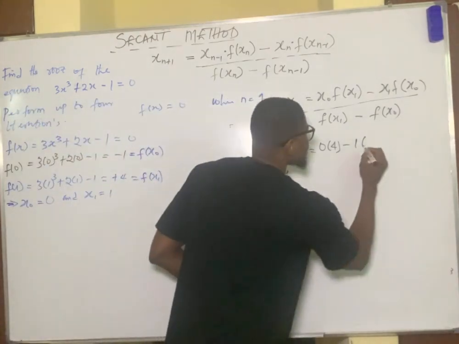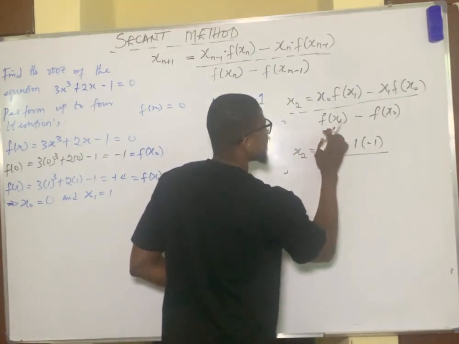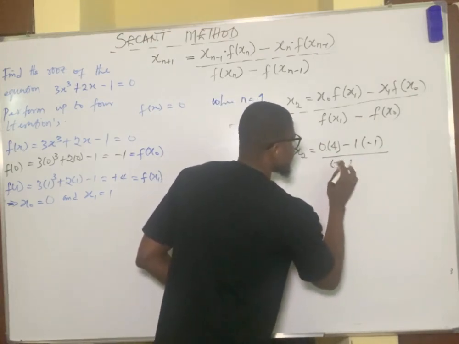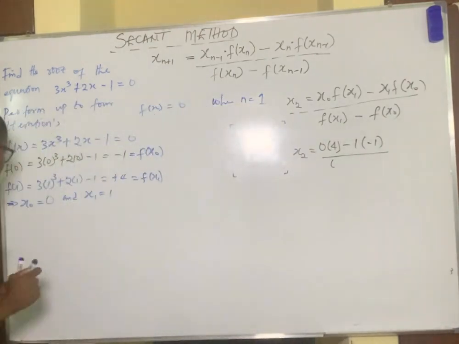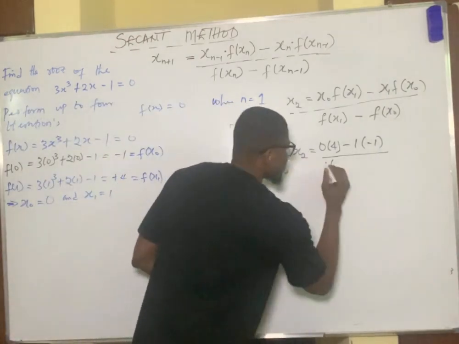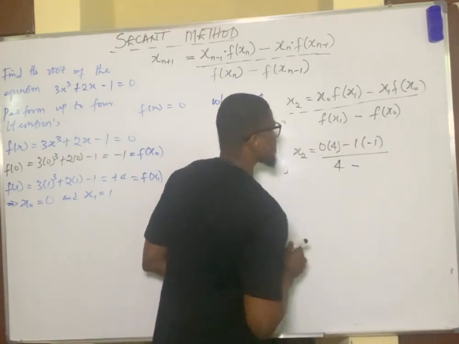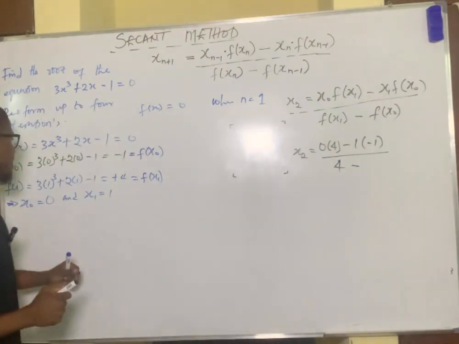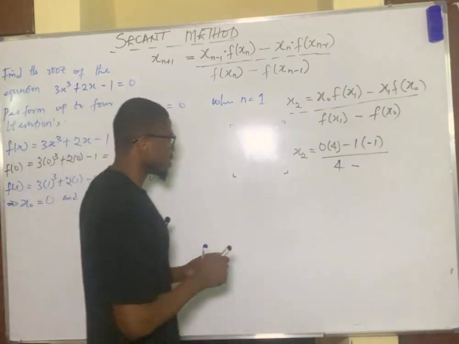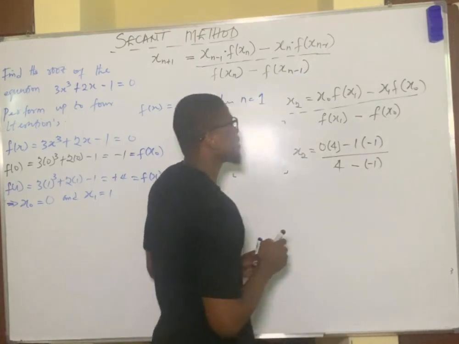The whole of this divides by f of x1, sorry, f of x1 is simply positive 4. So you have 4 minus f of x naught, and f of x naught is negative 1. So minus negative 1.